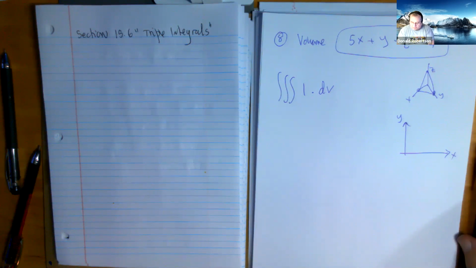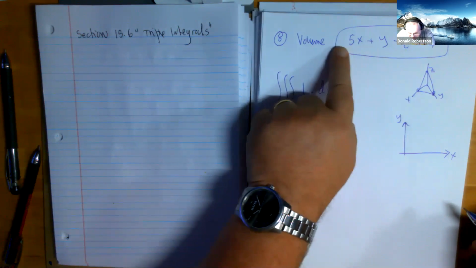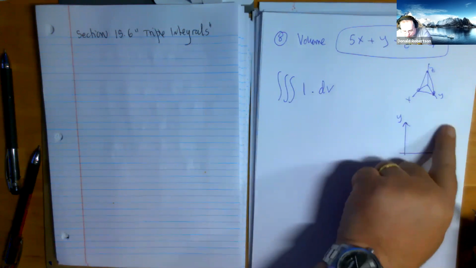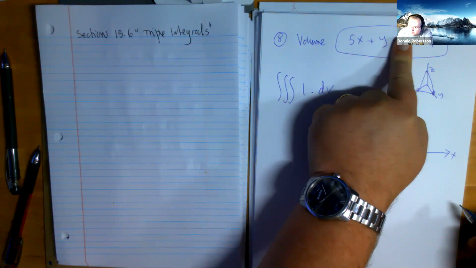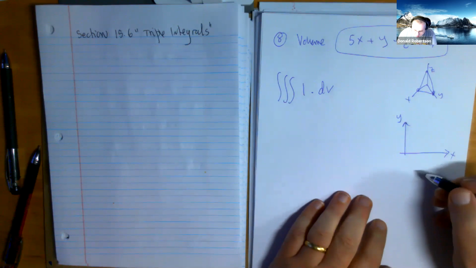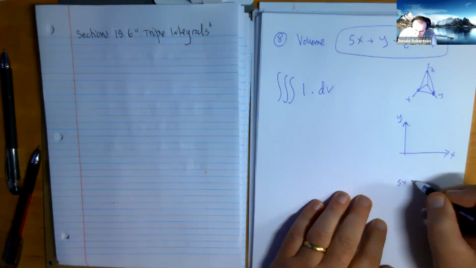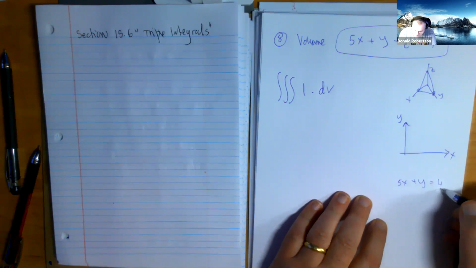So basically what I'm going to do is create the limits for X and Y first. And then I'll figure out what the Z's do, right? So if you look at this equation and you do it on the ground, aren't you basically making Z 0? So what I'm looking at is 5x plus y equals 4.